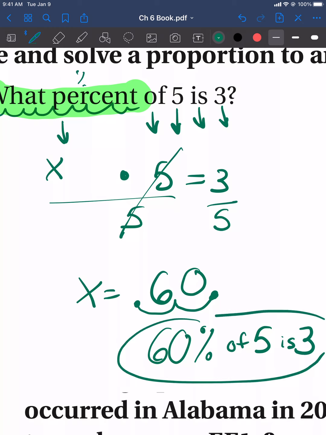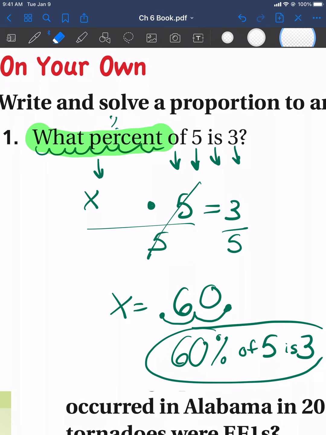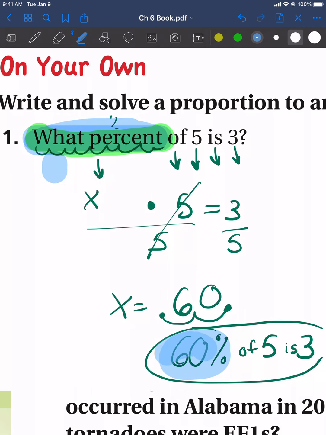I want you to get in the habit of having your final answer look like that and not just 60%. Put it back into the question. Okay, I'll show you with my highlighter. This is my answer, and I'm going to pop it in for what the question was asking. What percent? We got 60%. 60% of 5 is 3.